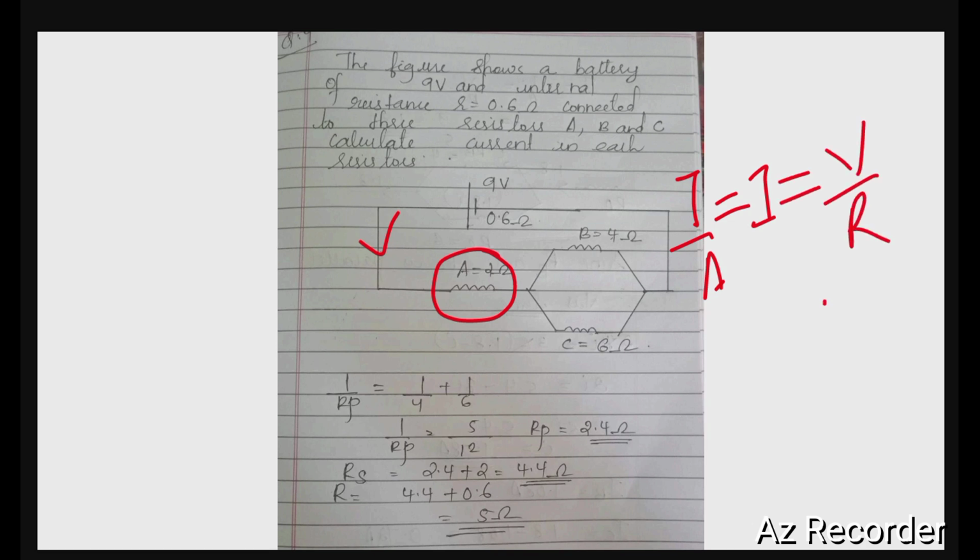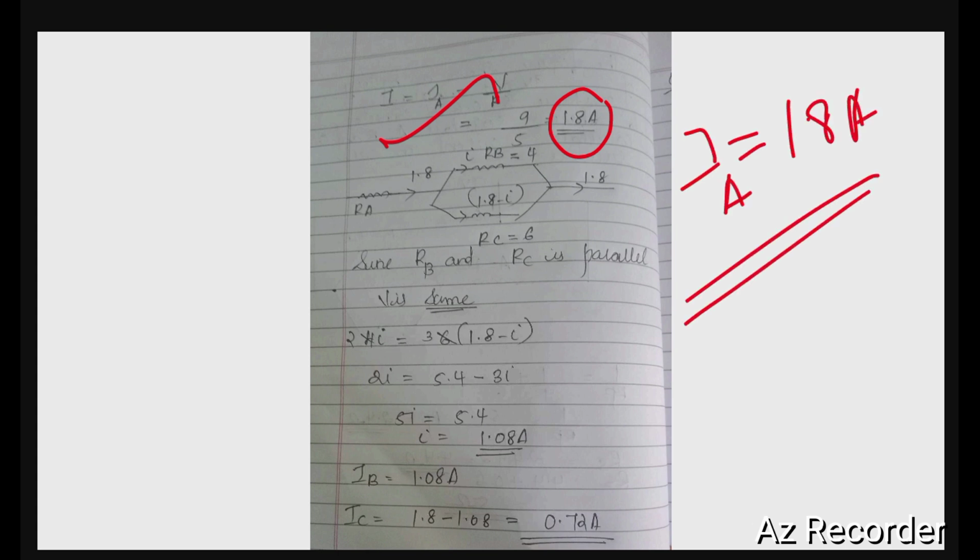Since the voltage is 9 volt and the resistance is 5, the current is 9 by 5, which is equal to 1.8 ampere. So the current through the first resistor, IA, is equal to 1.8 ampere, because the total current in the circuit is the same as the current which passes through the resistance A.